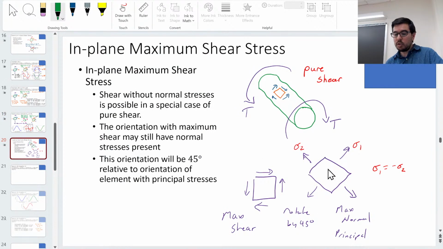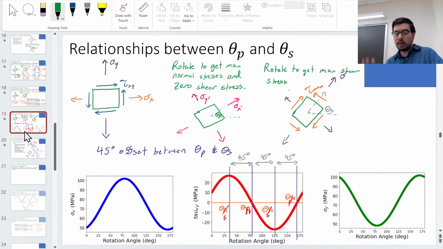Okay, so pure shear can be like this, where you have zero and zero normal stresses. Yes, you can rotate to get maximum shear stress, and that angle is going to be theta S, okay?